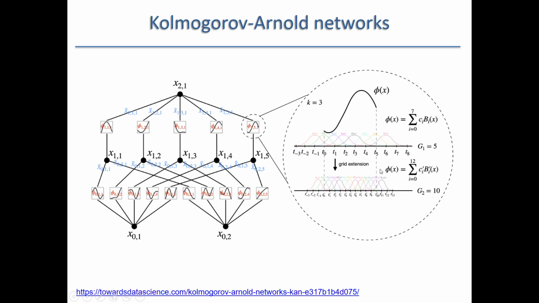You can also take advantage of the properties of the B-splines and make these functions even more precise by taking smaller basis functions that you can initialize with the coefficients that you learned from the previous analysis.